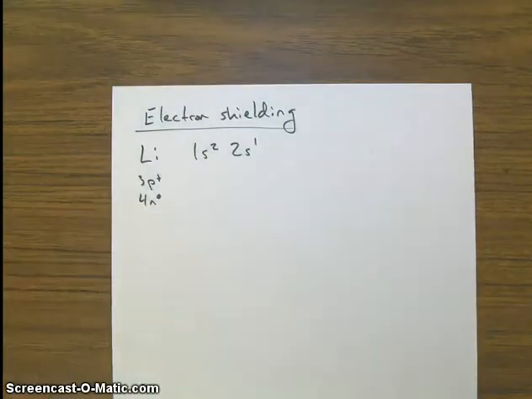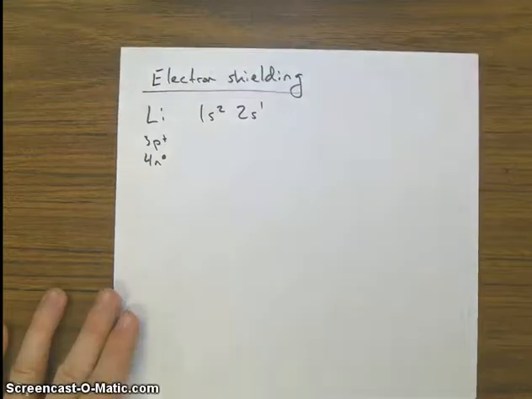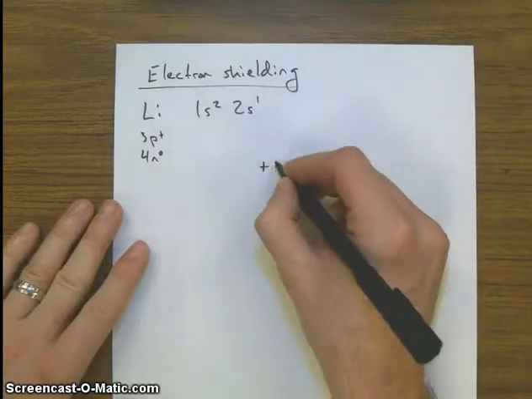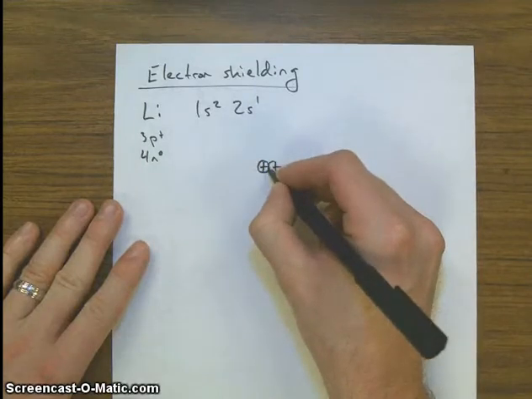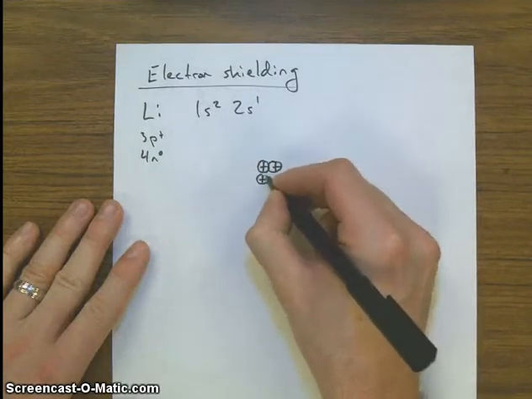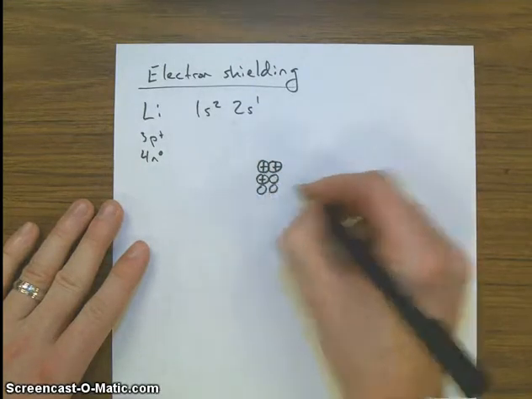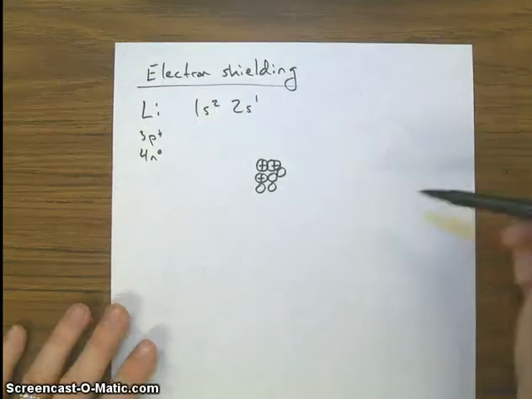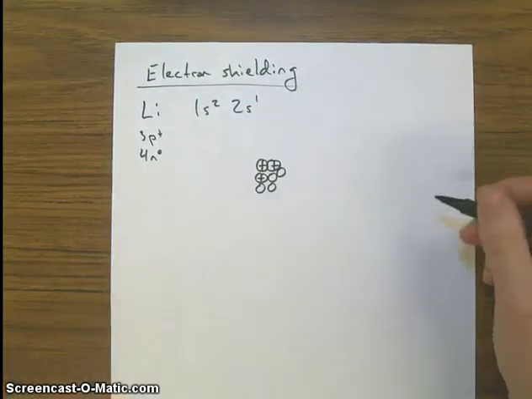So let me draw a picture of it, and this time I'm going to draw pluses for my protons. I'm going to just draw blank circles for my neutrons. And now I'm going to draw out the electrons as e minuses, but I'm only going to draw them out to the right this time.